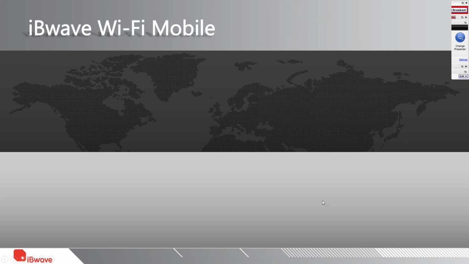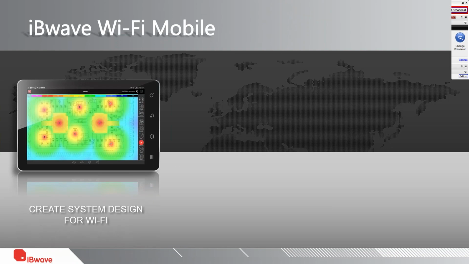So how does it work if you are working with the mobile tool? Well, you can start off by importing a floor plan and setting a scale. Then, leveraging our auto placement feature, you can choose a manufacturer's equipment, so all the access points and all the components are modeled according to the manufacturer specs.